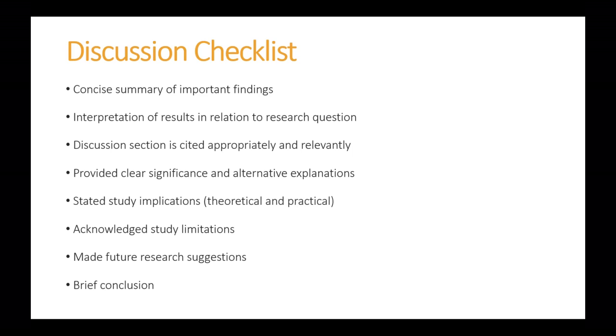Also, citation is extremely important. You have to cite appropriately, provide a clear significance and some alternative explanations, state the theoretical implications of the study and the practical implications. As I stated previously, you have to mention how your results can be applied in the practical field.